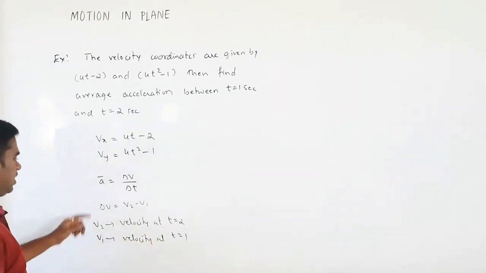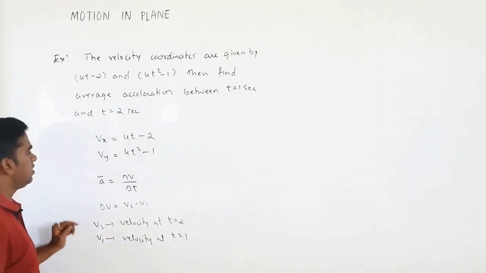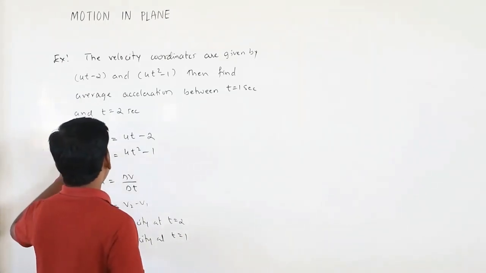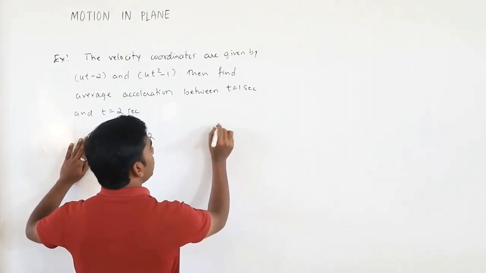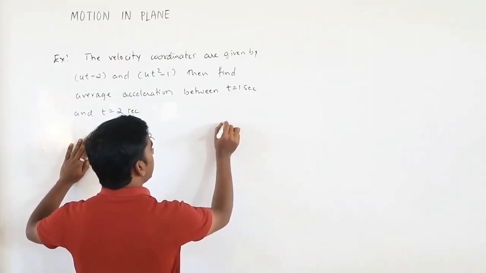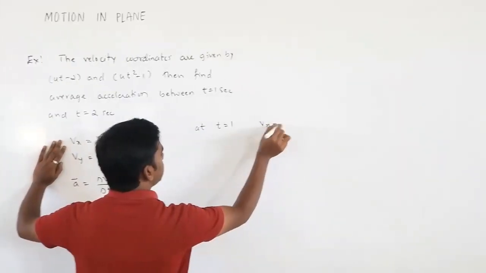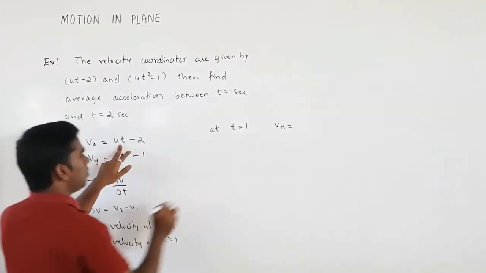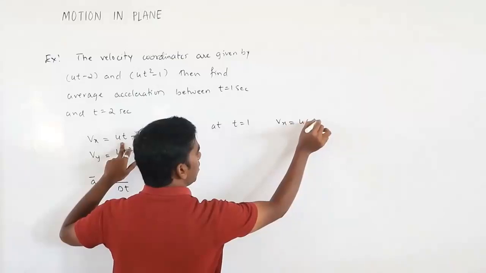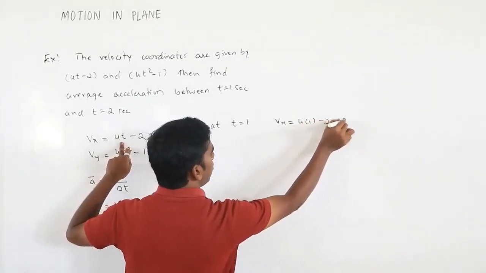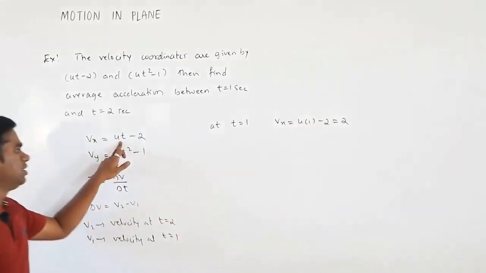So first let me find v1 and v2. At t equals 1, Vx is 4 into 1 minus 2, so this will become 2.